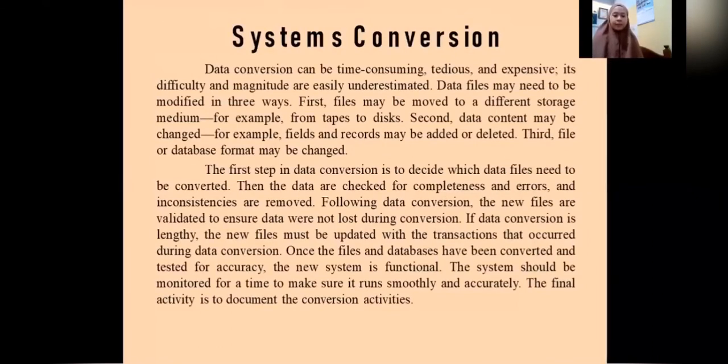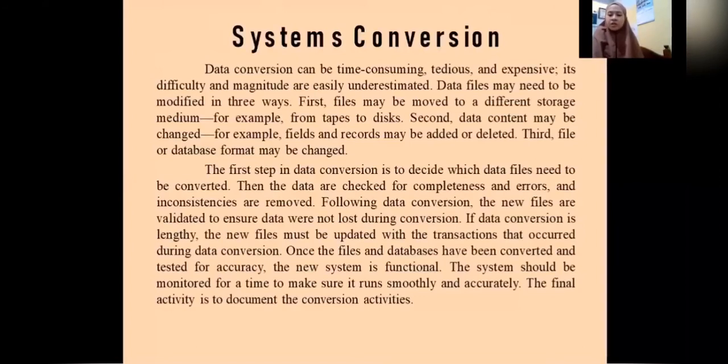The first step in the data conversion is to decide which data files need to be converted. The data are changed for completeness, and errors and inconsistencies are removed. Following data conversion, the new files are validated to ensure data were not lost during conversion.